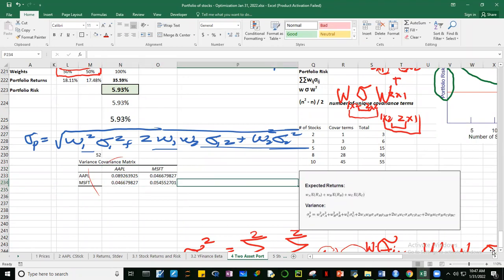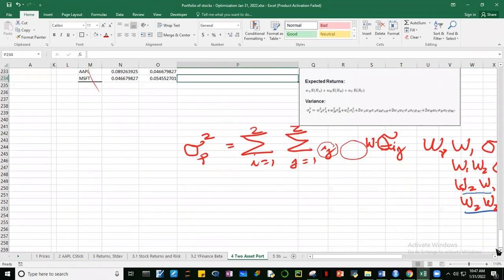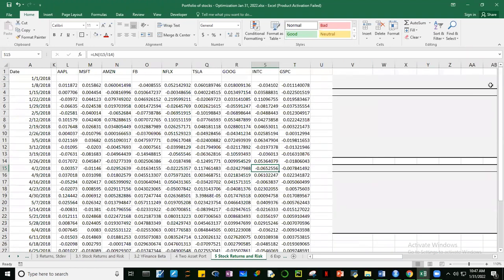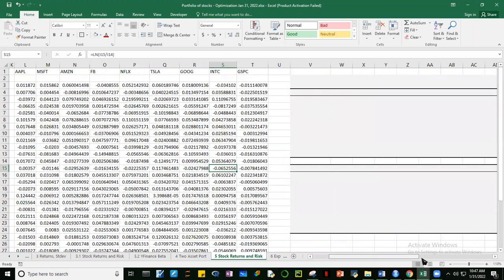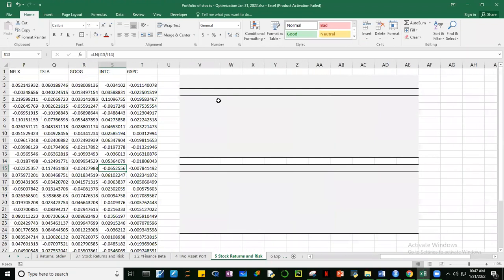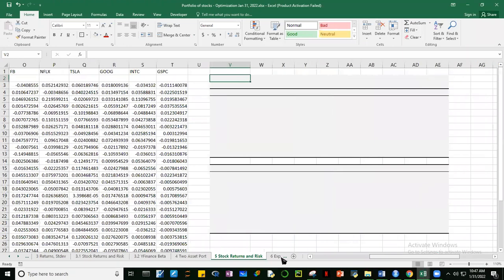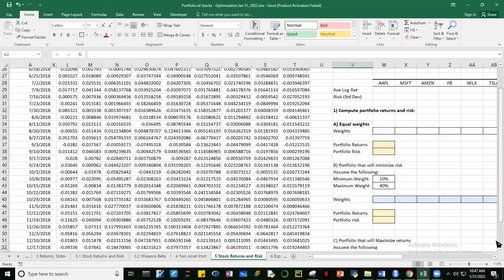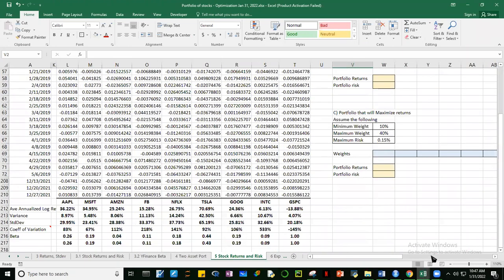Now for next meeting, we'll finish this. For next meeting, ang gagawin natin, guys, ito na yung 8 asset portfolio na tayo. So dito ilalagay natin yung variance, covariance natin ng 8 asset natin. Okay? So andito yung mga annualized returns natin, guys.